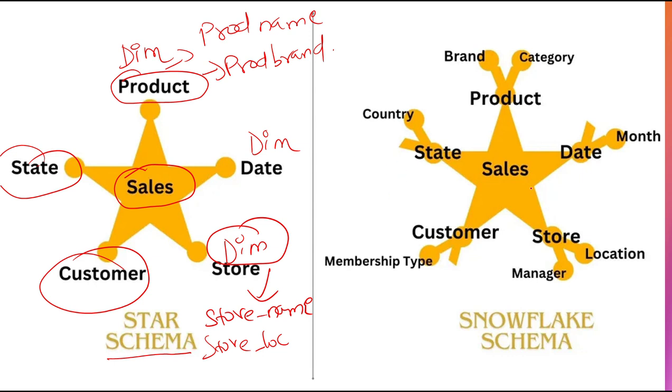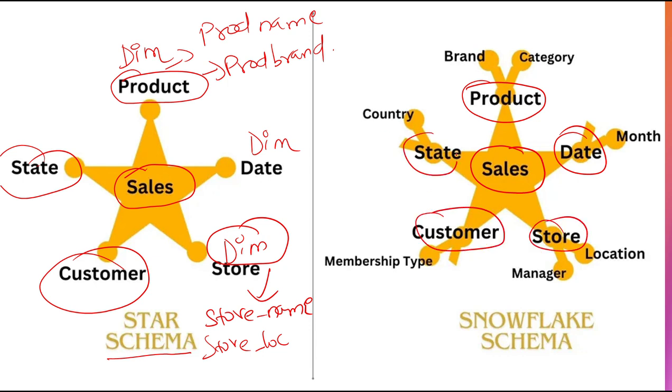Now we'll go to the snowflake schema. The same fact is surrounded by multiple dimensions, and these dimensions are being split into multiple dimensions. As you can see, a product is a dimension table, and this table is normalized into multiple tables.